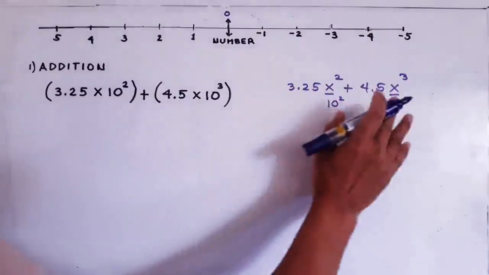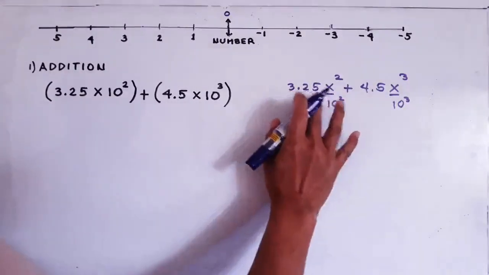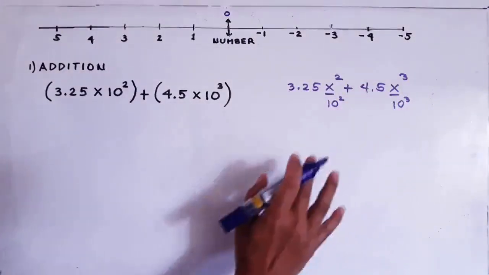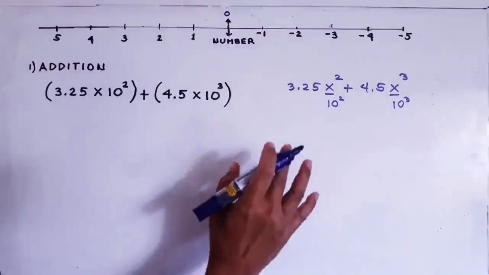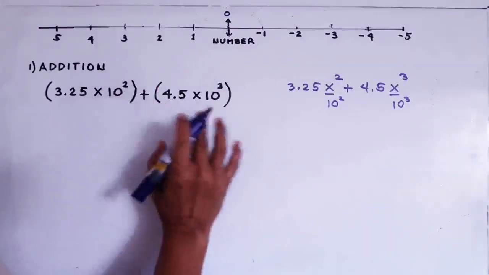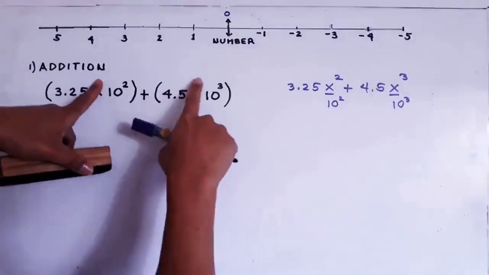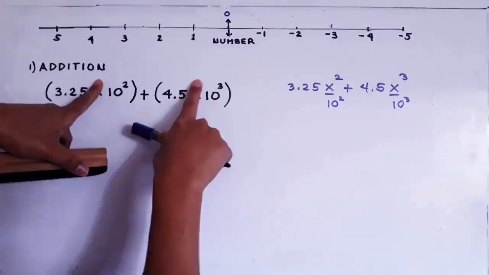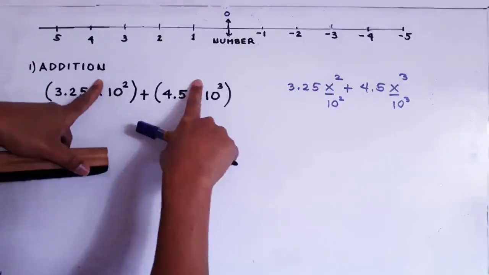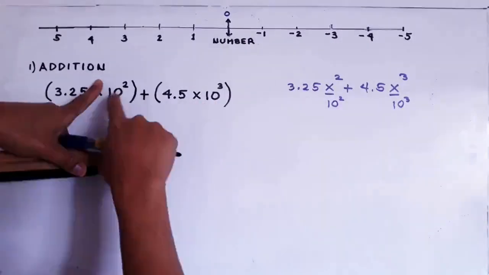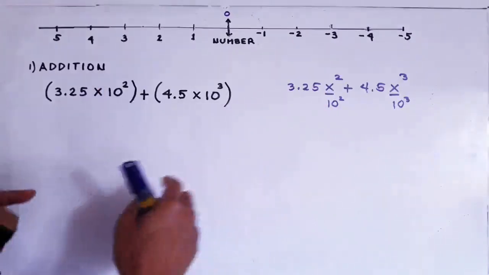So we cannot add the 3.25 and the 4.5. So in our solution, we must make their exponents the same, so they will be like terms. This one is not the x there, class. 3.25 bracket 10 to the second, that x there is the 10. Okay? Just to give you an idea.